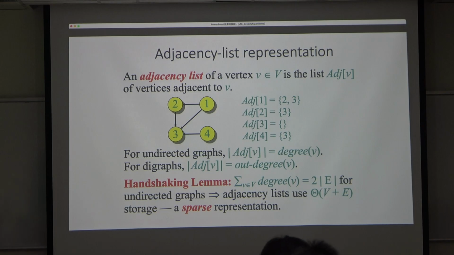This is the famous handshaking lemma for undirected graphs. The adjacency list uses this amount of storage, and it is preferred for sparse graph representation. What do we mean by a sparse graph? It means the number of edges is theta of V. If that's the case, we prefer to use the adjacency list, because this way we save storage space.